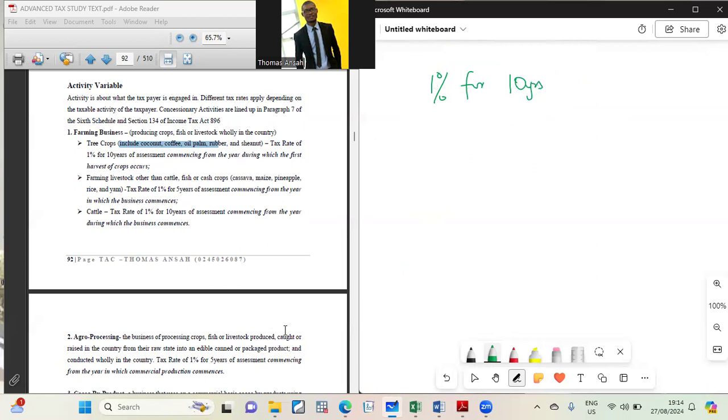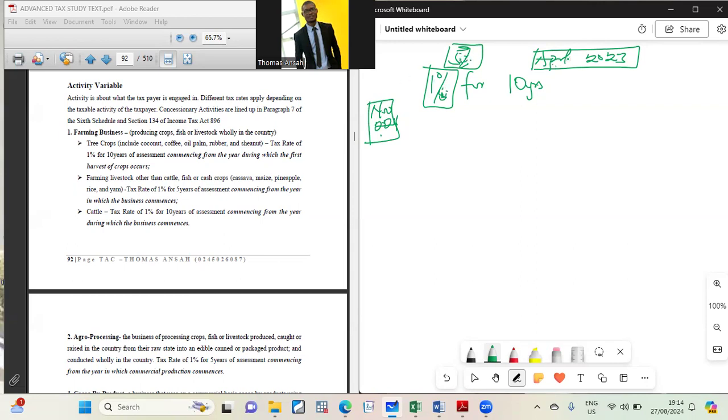And please, I'll give you a caveat because this 1% changed. It changed in April 2023. But your exams that you are writing will be in November 2024 as we speak now. So depending on the date of the question, you have to apply the particular one.